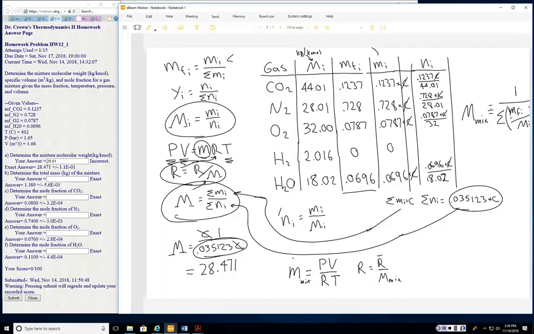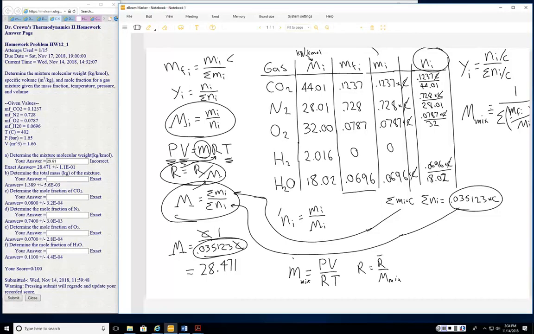If I multiplied it by C and then divided it by the total number of moles, so we have Ni over summation Ni. And then if I said, well, I'll divide Ni by some constant, let's say that constant is C, then the numbers that I actually used here can be used in this equation.